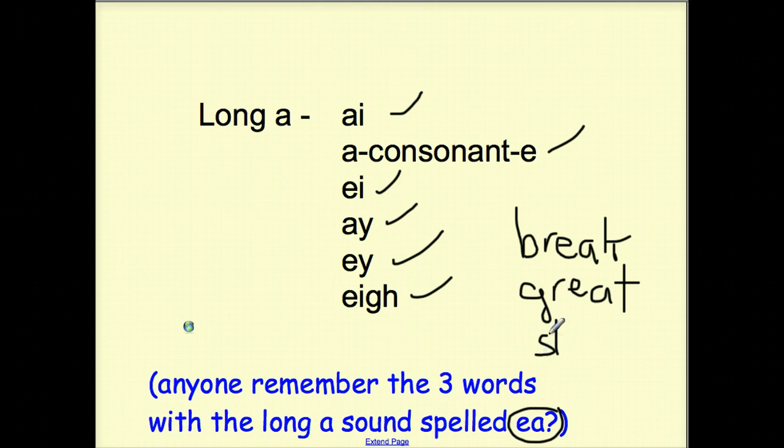Okay, over spring break, I had a great steak. And those were the only 3 words that I know of that have this vowel team of EA making the long A sound. Usually when we have 2 vowels together, the first vowel does the talking.